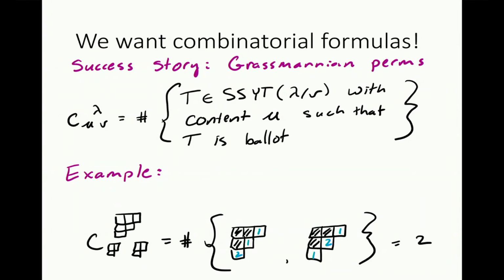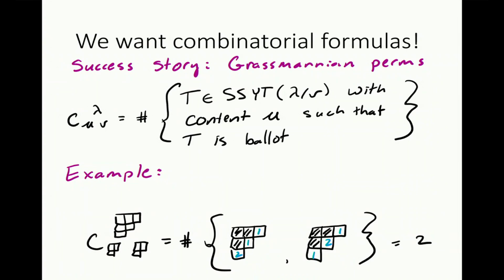So yeah, then we want combinatorial formulas to help us understand these coefficients. One major success story is the Grassmannian permutations. When you have a Grassmannian permutation, your Schubert polynomial is just a Schur polynomial. I think you were asked to show this in the exercises, so maybe a lot of you know this well by now. And we have an explicit rule in terms of certain fillings of tableaux.